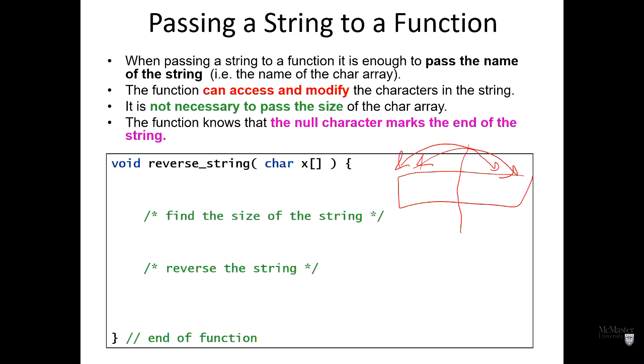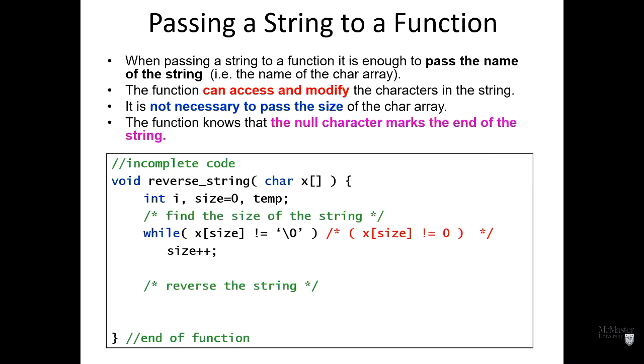So 0 with n minus 1, 1 with n minus 2, and so on. So you are just reversing your array. Here you would do exactly the same thing. The only difference is that my checking limit is until I hit the 0, the null character, and then the size plus 1.